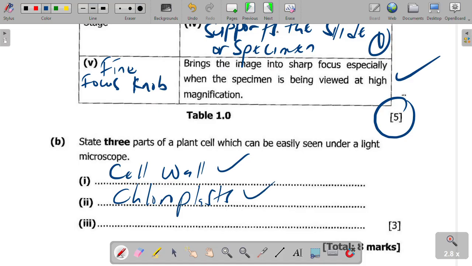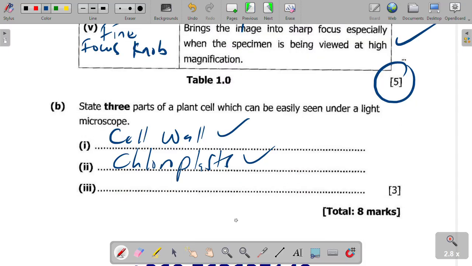They are very large, and you're able to see the cell wall because of distinct boundaries within the cell. And also you'll be able to see the large central vacuole. So these are 3 parts of a plant cell which you can easily see under a light microscope.